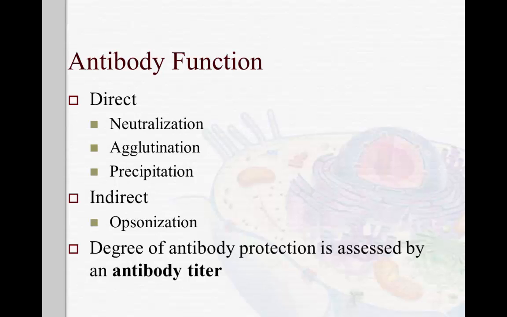This is not important. And also indirect effects that are basically by opsonization. Remember that opsonization is tagging of the microorganism to be attacked by or presented by the immune system.